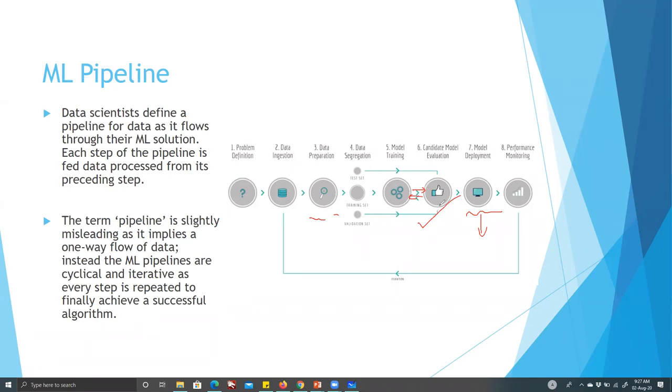When it is deployed on a server or any live software, we also have to keep monitoring its performance: what its prediction was and how correct the prediction was. Every step takes the information from the previous step. And remember, there are arrows which tell you that it's an iterative process. It's not a one-shot thing that you do and then forget about. Iteratively, it has to be always made better.